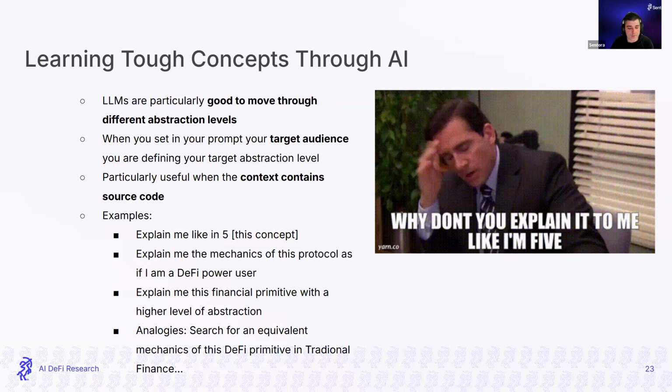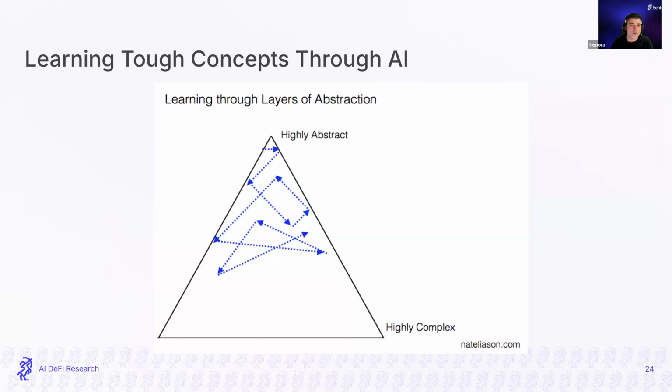It will try to come up with the essence of that and explain it in an easier way. Also, it's extremely good with analogies. So searching for equivalents of DeFi primitives in TradFi is also a way that we have found can be very, very helpful. So this iterates on the concept of learning through moving across different abstraction layers.